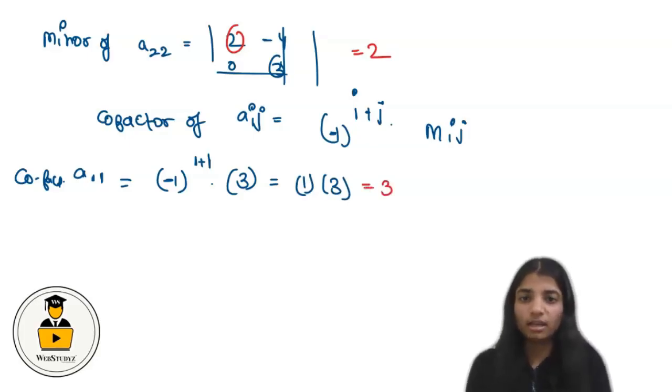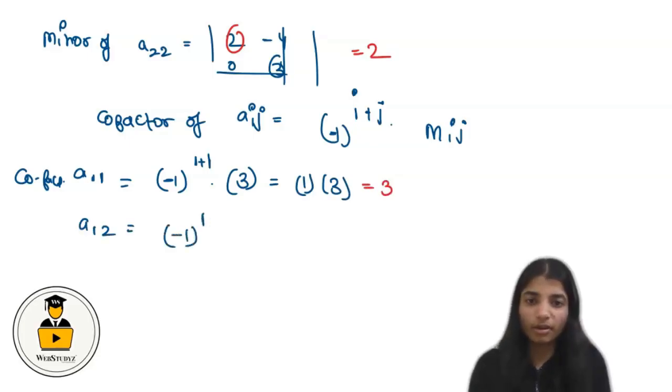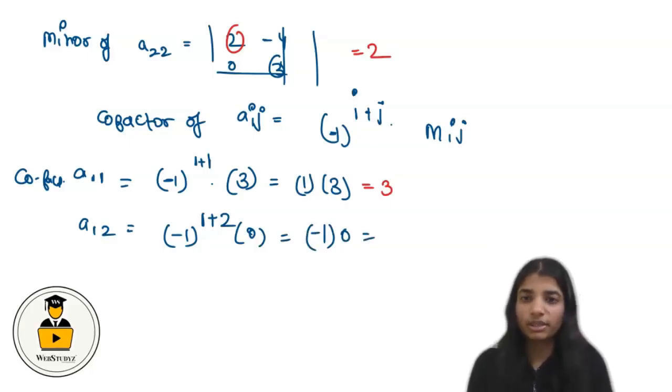In the same way, the cofactor of A12 is equal to minus 1 raised to the power 1 plus 2 multiplied by the minor of that, which is 0. So minus 1 raised to the power 3 is minus 1, and minus 1 multiplied by 0 is equal to 0. So the cofactor of this is 0.